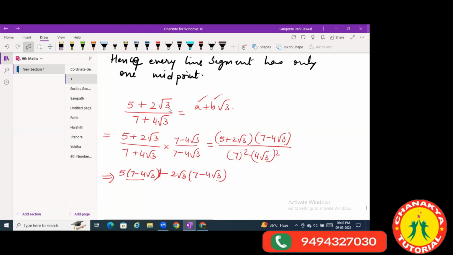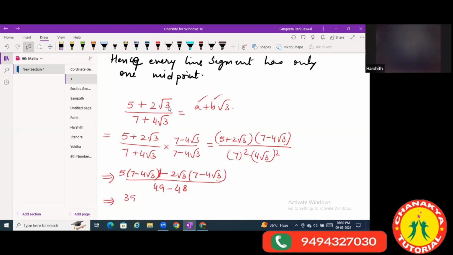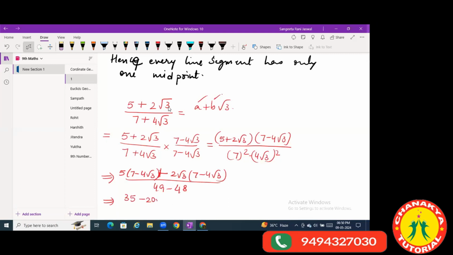And then 7 square is 49. 49 minus 4 square is 16. 16 into 3 is 48. Yes, Harshit, are you understanding? Yeah, ma'am. This becomes 20 root 3 plus 7 into 2 is 14 root 3, minus, this is plus, and this is minus.